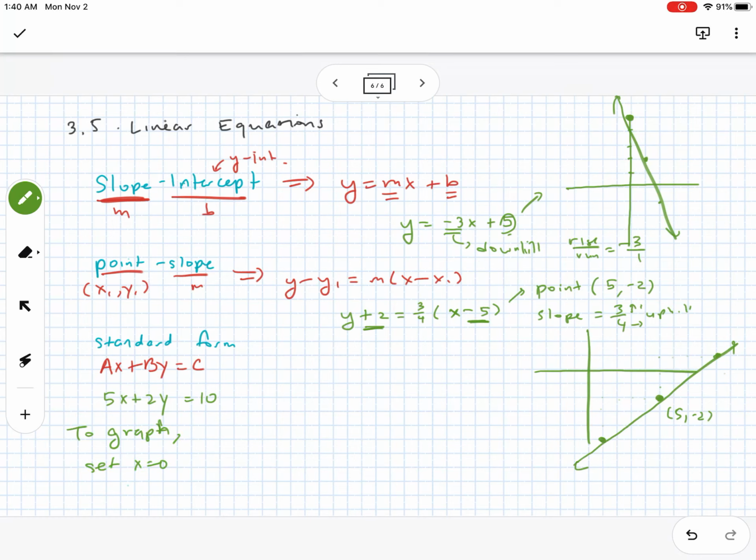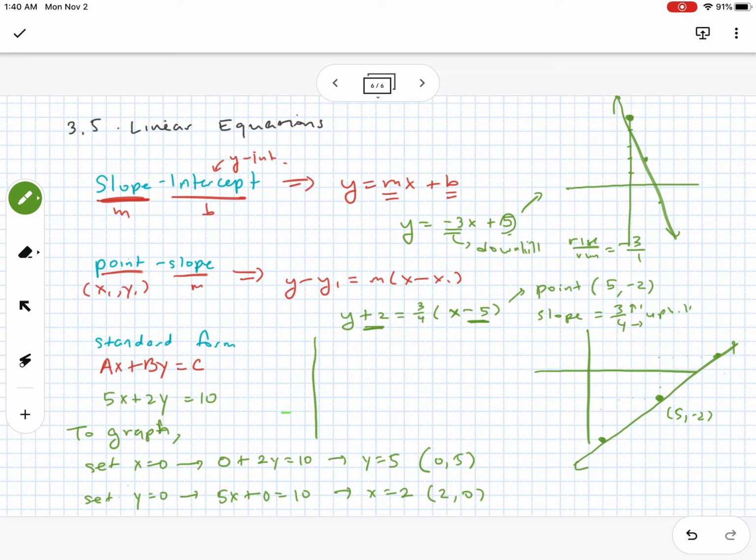And so to graph this, set x equal to 0, and then also set y equal to 0. So these are things that we're going to do one at a time. So first we set x equal to 0. When that happens, we get 0 plus 2y equals 10, which tells us that y equals 5. So this gives us 1 point, 0, 5. Okay, and then when we set y equal to 0, we get 5x plus 0 equals 10, which means that x is equal to 2.